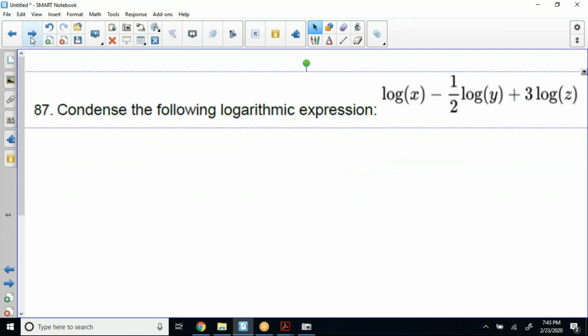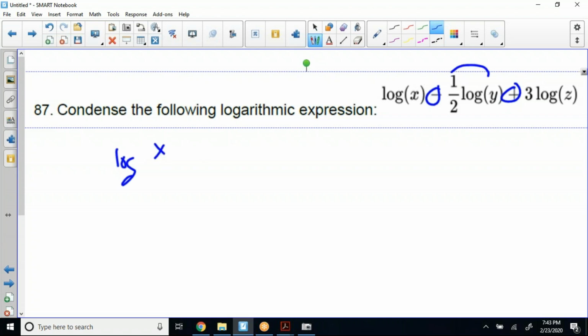So 87. This one is separated by a subtraction, then by a plus. So what are we going to do? This would be log of x, but I've got to move this up, right?